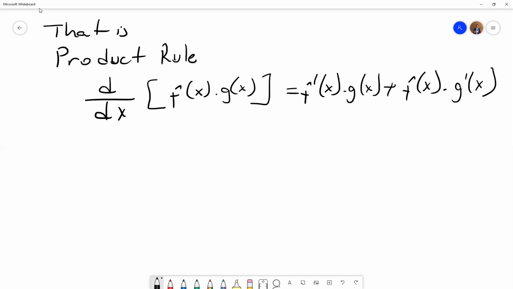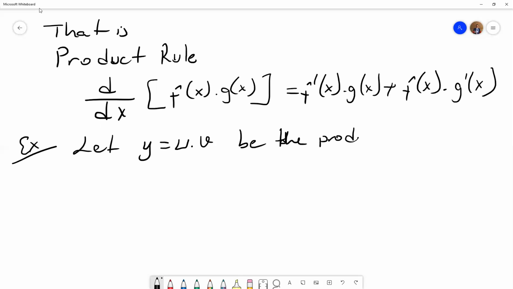And let's give another example. Let y is equal to u multiplied by v, be the product of the functions u and v.